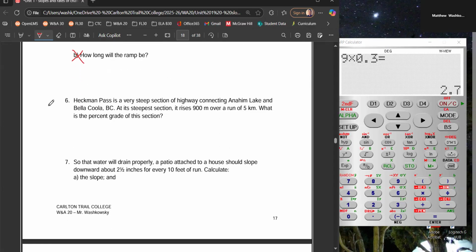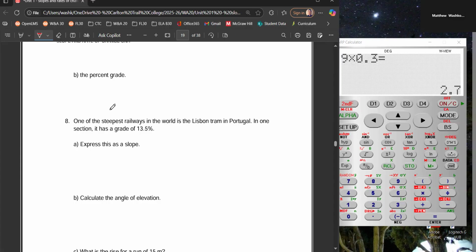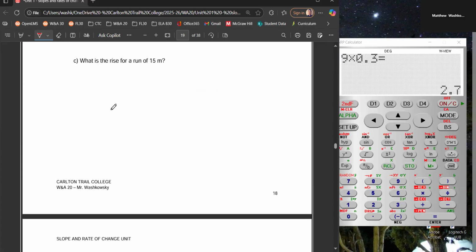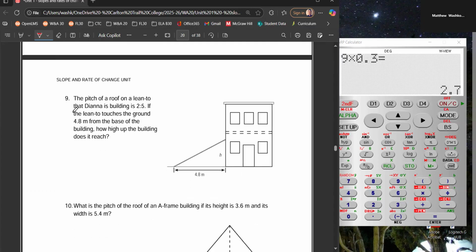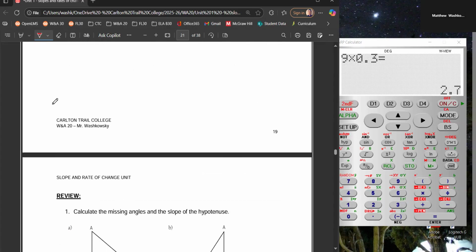You can do question 6. You can do question 7. You can do question 8. You can do question 9. You can do question 10, and you can do question 11.